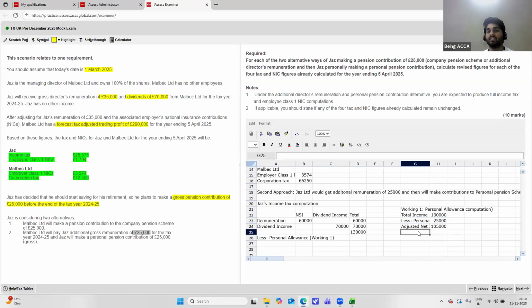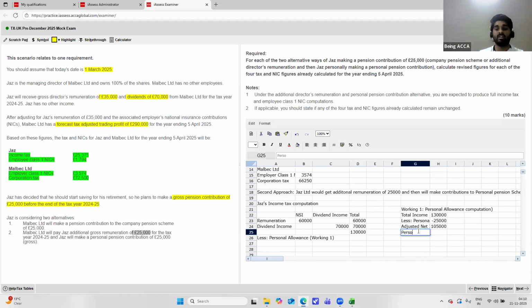What is the rule for personal allowance? If the annual adjusted net income exceeds 100,000, then the excess over 100,000 should be reduced by 50%, thus reducing our personal allowance.